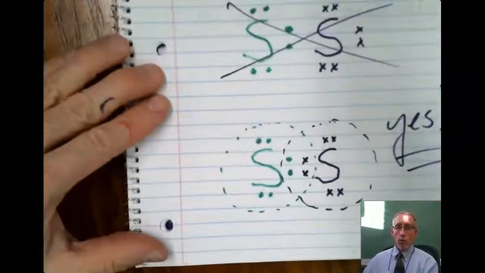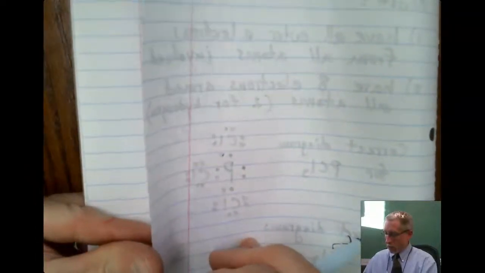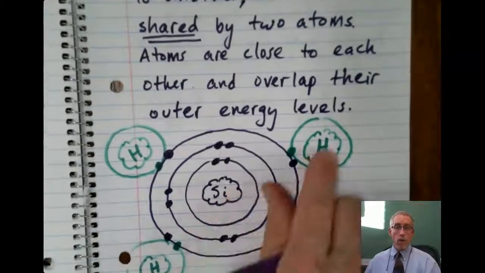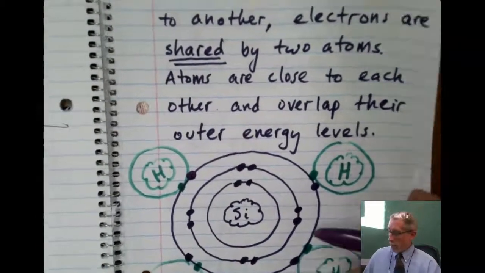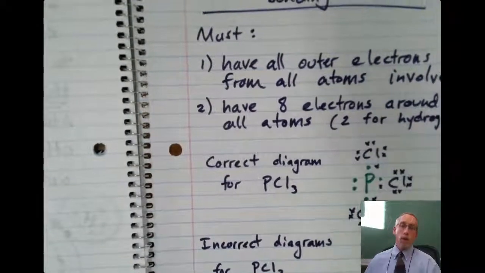So when we had the 2 sulfur atoms, we would say that is a molecule of S2. And when we had the silicon with the 4 hydrogens, this is a molecule of silicon with 4 hydrogens. Or my example here, PCl3, that's a molecule, okay?